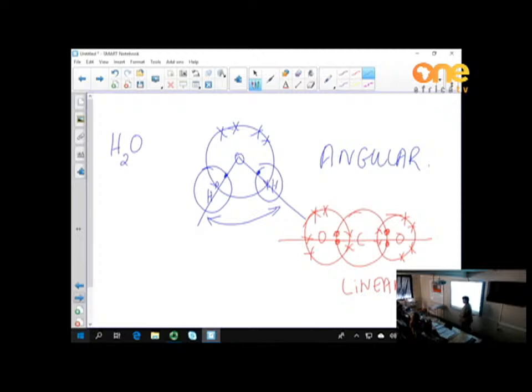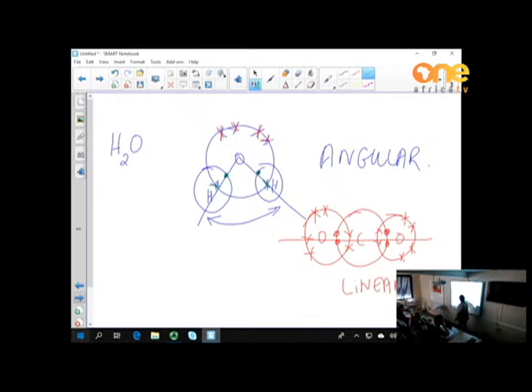Okay, I'm first going to explain this one. I'll do them in comparison. Now, when we get to water, here we find we have two single pairs and two bonding pairs. The repulsion between bonding pairs is very weak, so they do push each other away, but not very strongly.